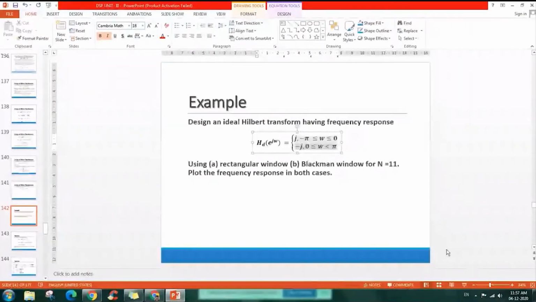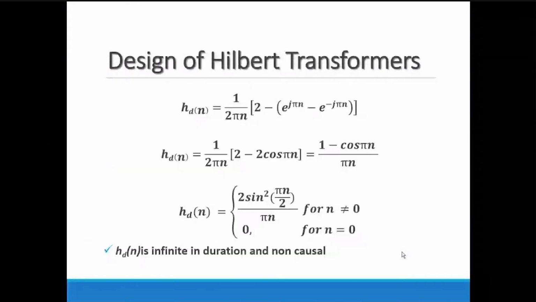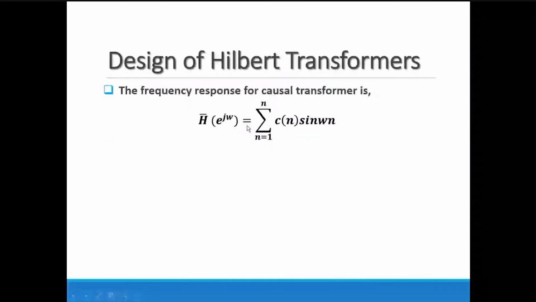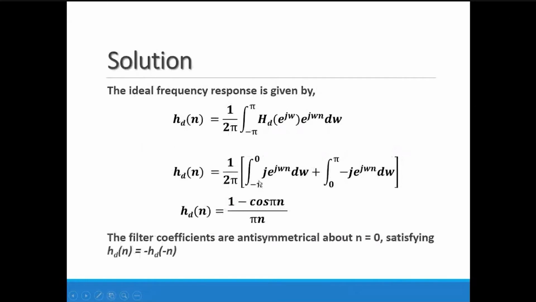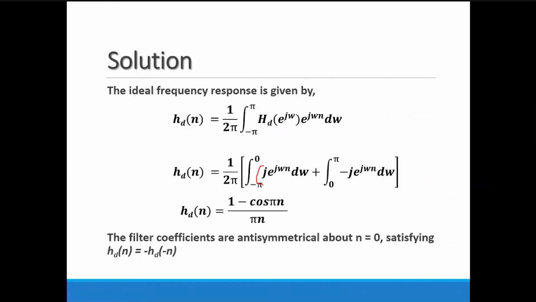Just apply the same equation we have written in the Hilbert transform over here. Minus j from 0 to pi and j from minus pi to 0. So same equation I have written over here, but some typo errors are there. So j is equal to minus pi to 0 and minus j from 0 to pi. So that range I am applying over here, minus pi to 0. In that case, you are having the value plus j over here, and 0 to pi, you are having the value minus j.